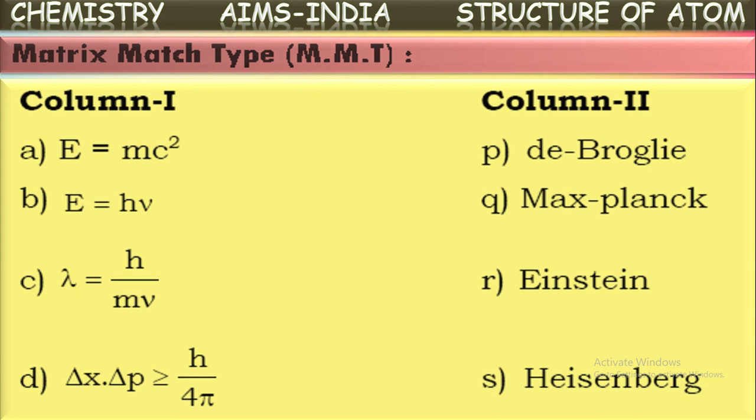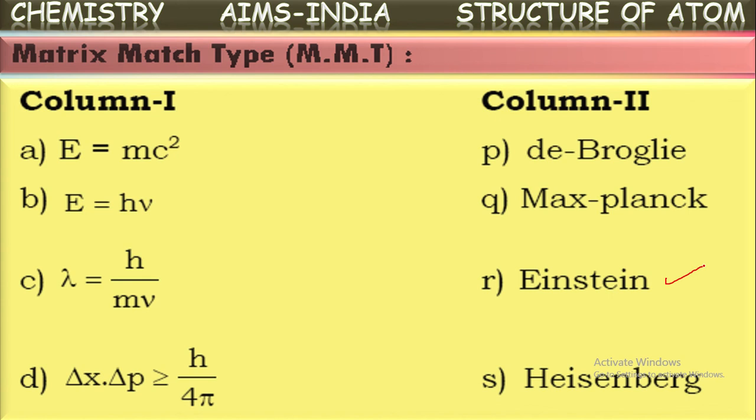Here, certain equations are given in column 1. In column 2, they have given the scientist who proposed that equation. See the first one, E is equal to mc square. This is the energy mass relation which was given by Einstein, where c represents the velocity of light, isn't it?